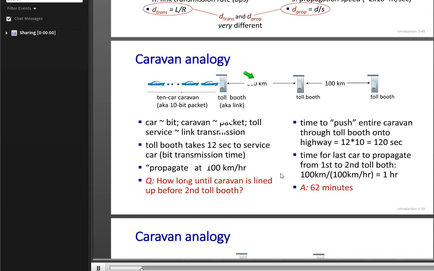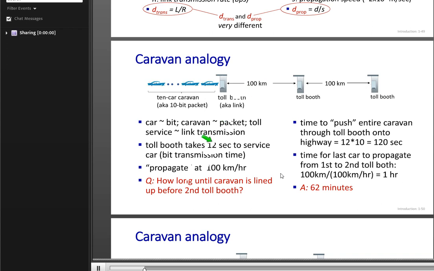Firstly, we know that the length of this highway is 100 kilometers and the speed of cars is 100 kilometers per hour. So simply, each car needs 1 hour, or 60 minutes, to pass this highway.